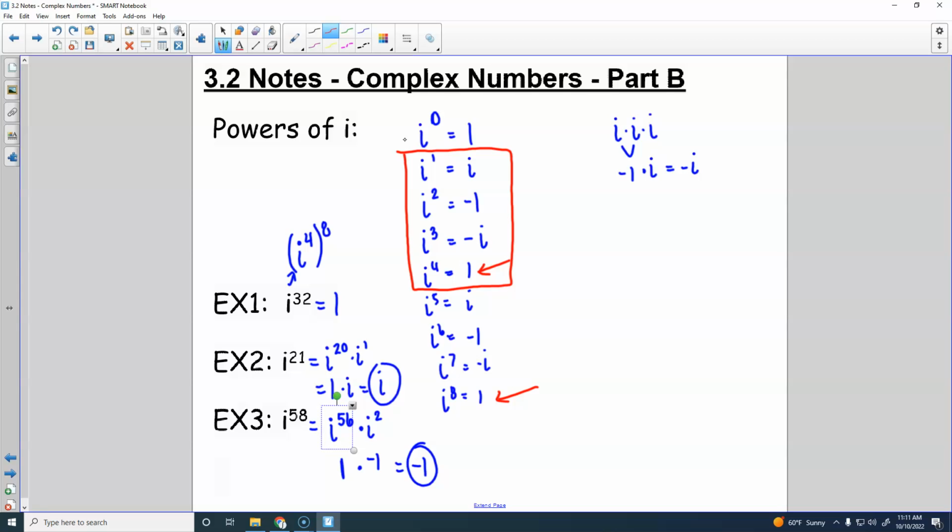So you don't have to know these all the way up to 58 and 102 and really, really big numbers. Okay? And your answer should always be i, -1, -i, or 1 for a problem like this. So that narrows down your guesses, at least, if you're not sure.